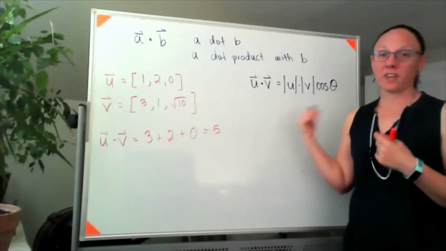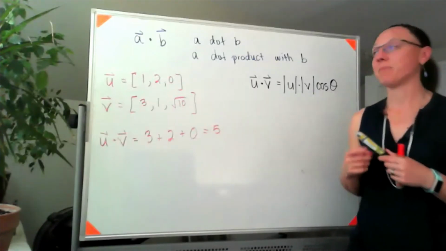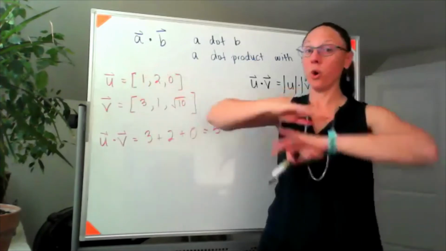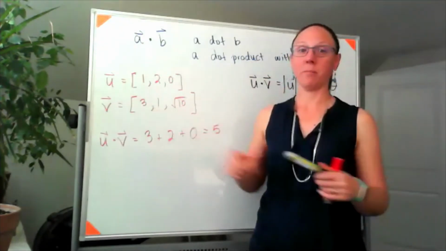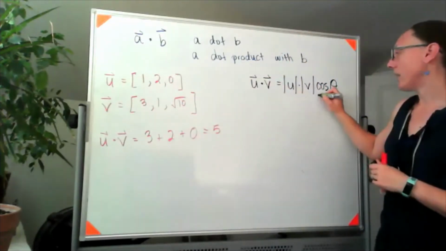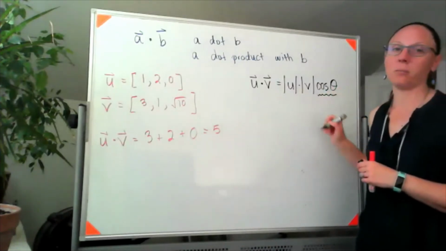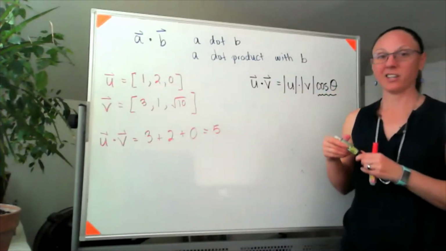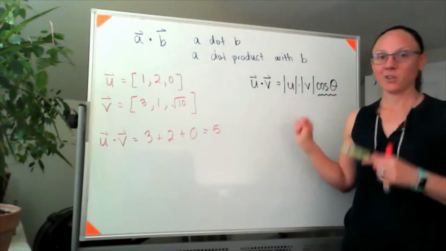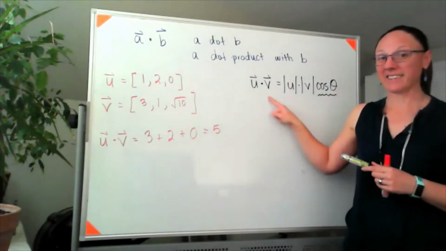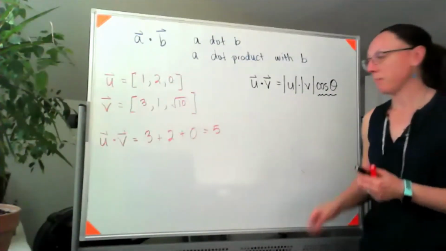One of the useful things about this dot product formula is that if I give you two random vectors in 3 dimensions, we now have a way to find the angle between those two vectors using the formula. So far, we figured out what the left-hand side of this formula is.